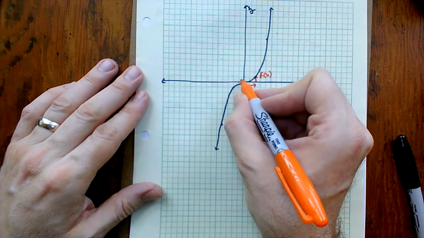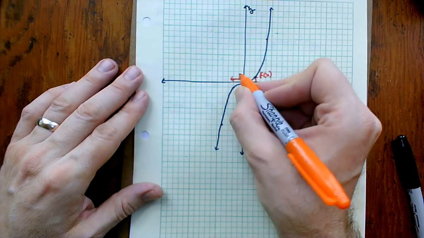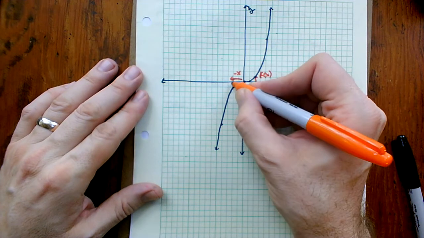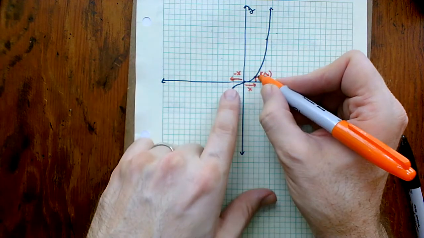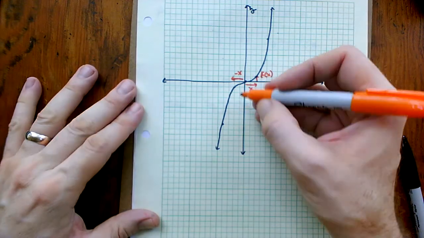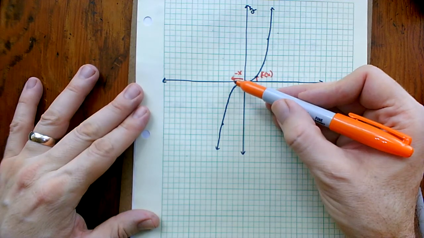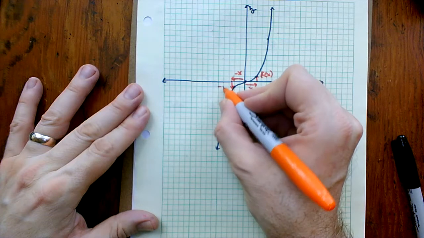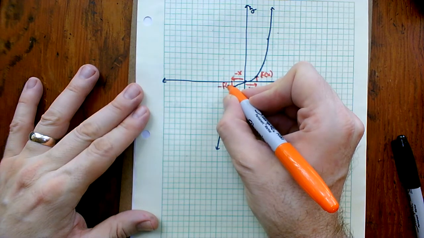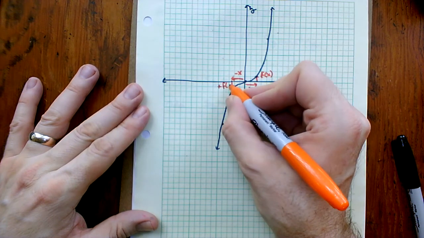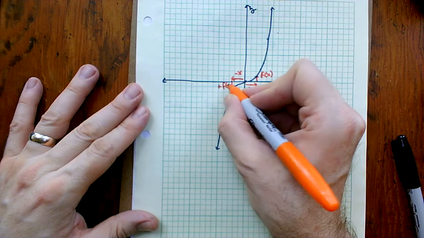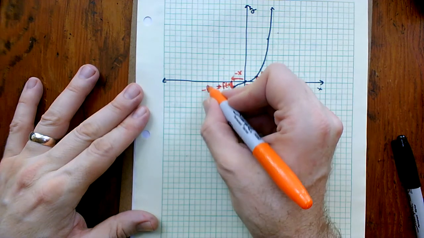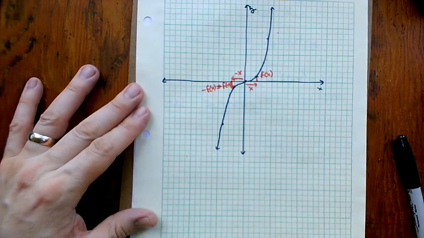Well, if I were to go in the opposite direction here, negative x, I would notice that instead of being positive, at least in this case, I would end up with a negative value. It would be going down. This is my f of negative x is equal to negative f of x.